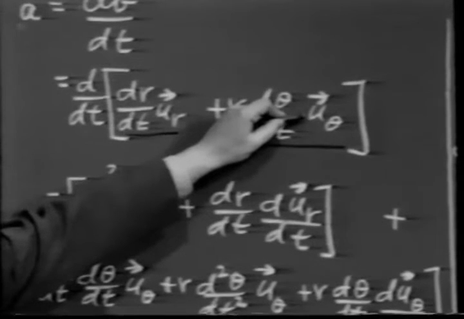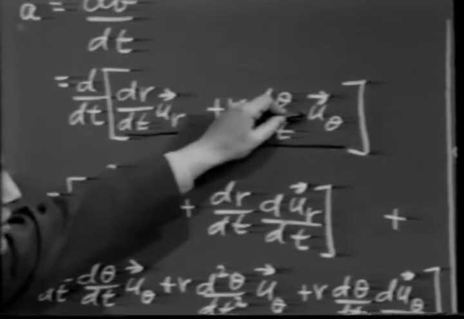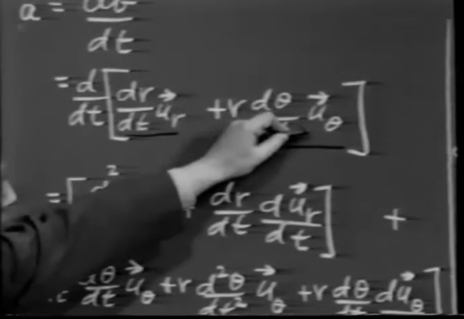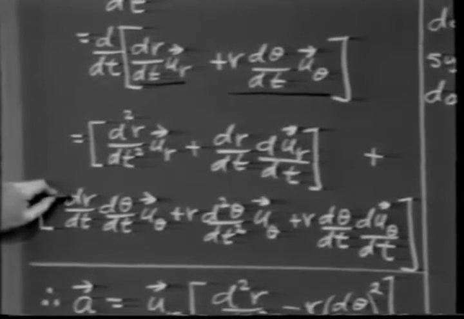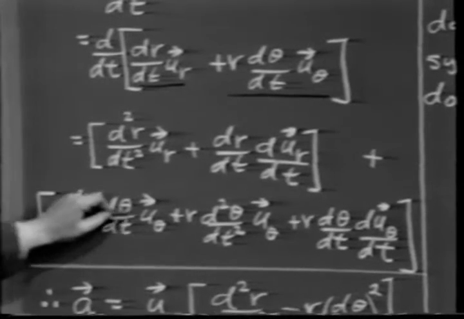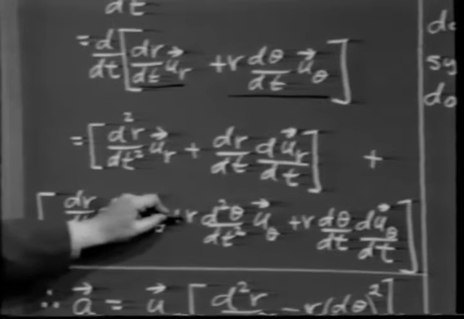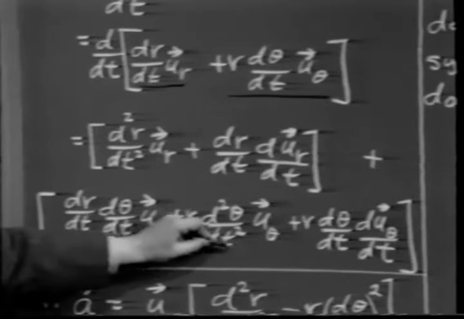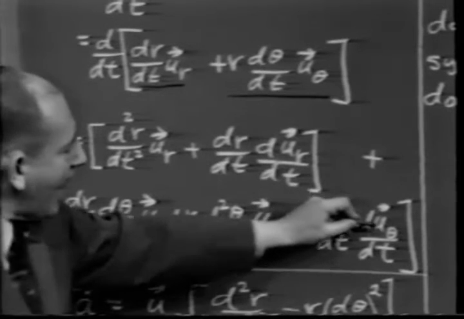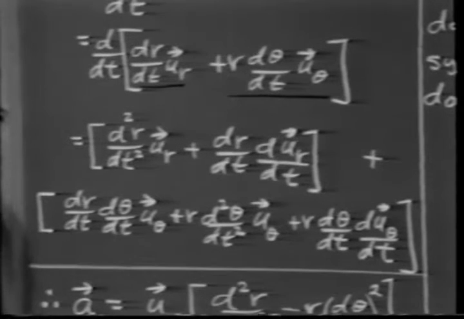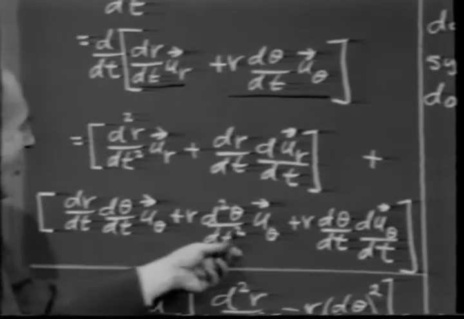And the third time we'll differentiate u sub theta with respect to t, which is the derivative of u sub theta with respect to t. And summarizing that, what do I have here? I have dr/dt, d theta/dt times u sub theta, plus r d2 theta/dt squared times u sub theta, plus r d theta/dt times the derivative of u sub theta with respect to t.